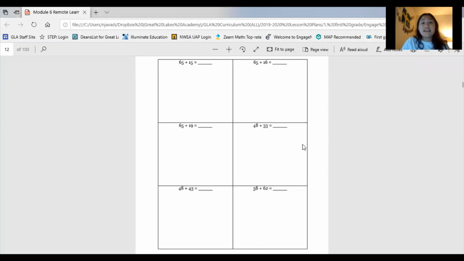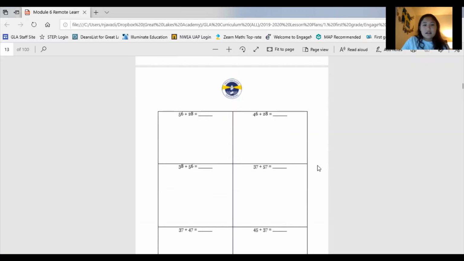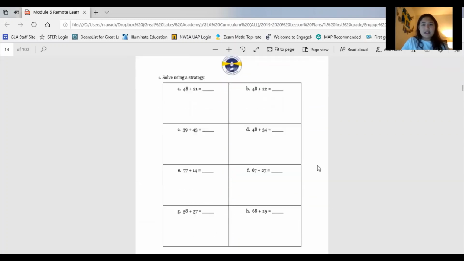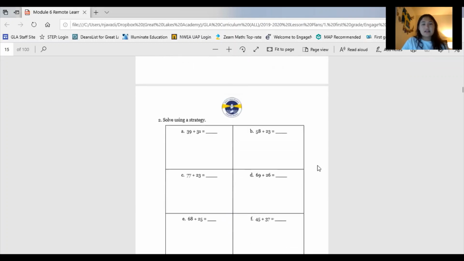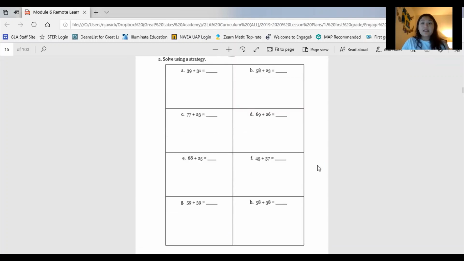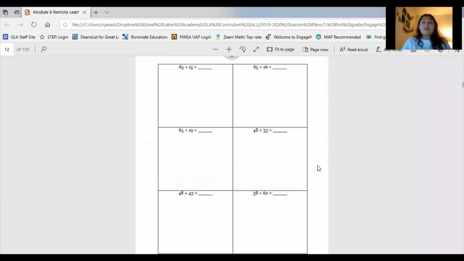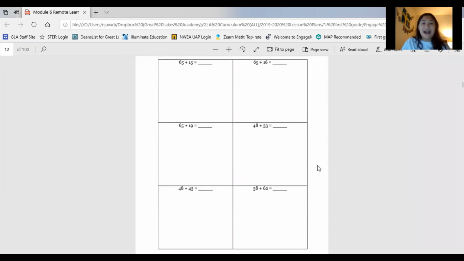Your pages of independent practice look like this, and like this, and like this. If you don't have the packet out in front of you, you can open up the packet on your computer, then take out a piece of paper just like this one and write each problem on your page.